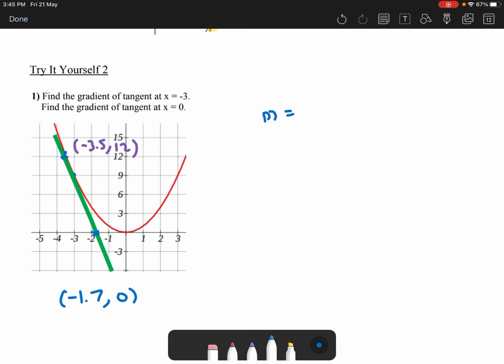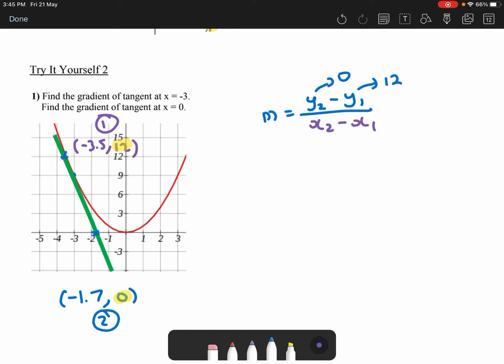So m is equal to y2 minus y1, right? You just choose any. Maybe I put this as number 1, and this one is number 2. So y2 minus y1 divided by x2 minus x1. My y2 is right here, 0. My y1 is right here, 12. x2 is -1.7. x1 is -3.5.